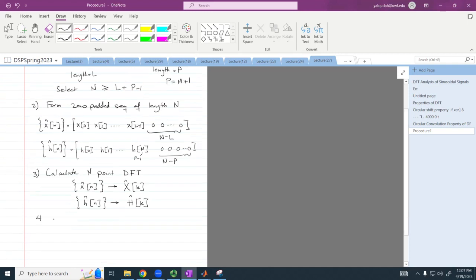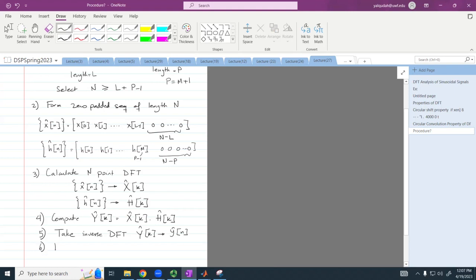And then I'm going to compute y hat of k, which is equal to x hat of k multiplied by h hat of k. And finally, I'm going to take the inverse discrete Fourier transform. Y hat of k is going to give me y hat of n.